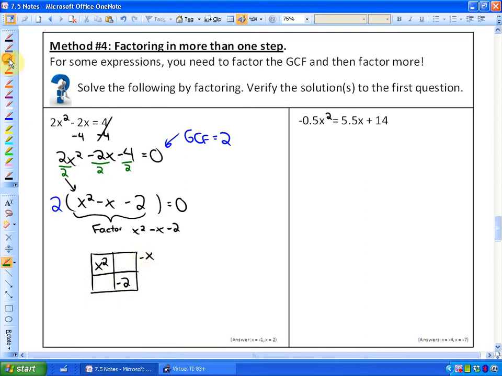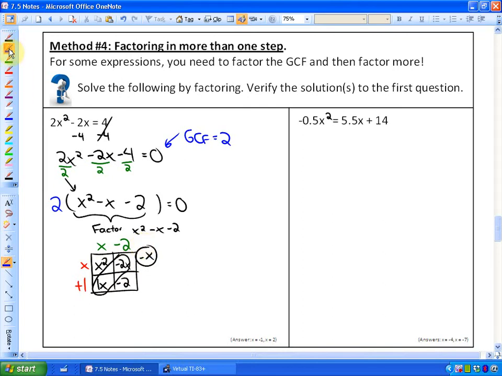So the two values that multiply to be x squared are x times x. And the two numbers that multiply to negative 2 and add, when you combine the terms, to negative 1 would be negative 2 and positive 1. And let me show you why. Because this term would be 1x, because 1 times x is 1x, and this term would be negative 2 times x, which is negative 2x, and those do combine to be negative x.